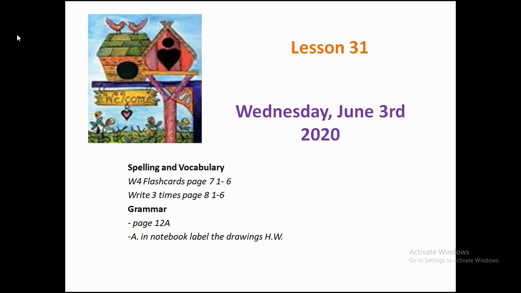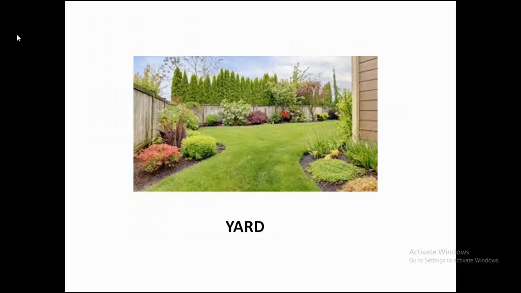So let's get started. Okay, first of all, I'm going to give you a brief definition of each word. Okay, we have the word yard. Repeat after me, yard. Yard is a grassy area right outside our house, okay?